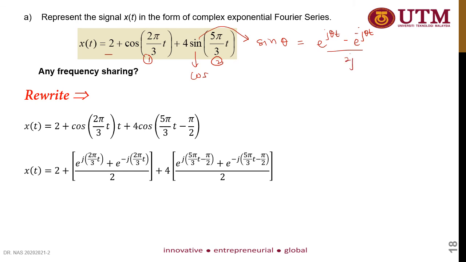So it'll be a bit confusing sometimes when you have j at the bottom and you need to play around with the phase shift. That's why I would recommend you to convert all sine function into cosine function first.